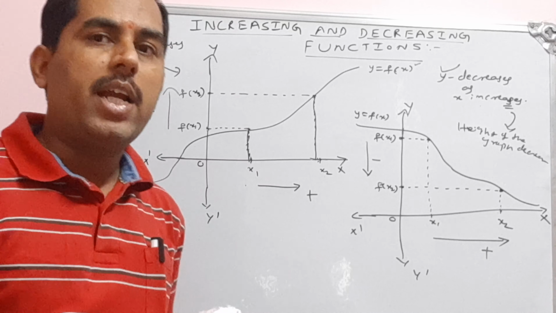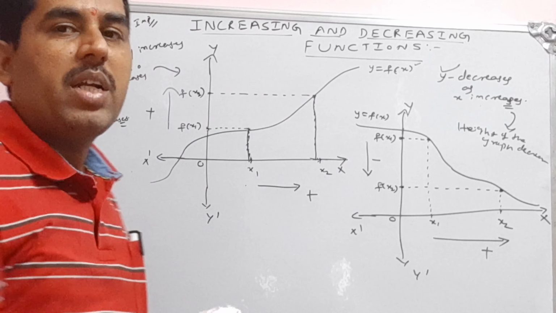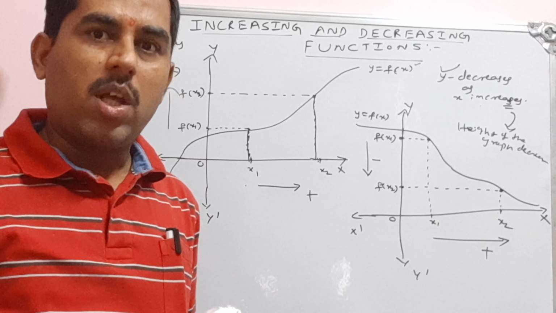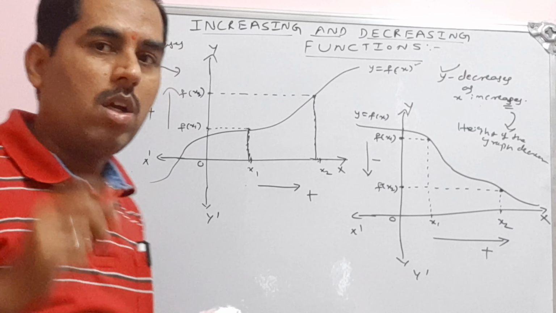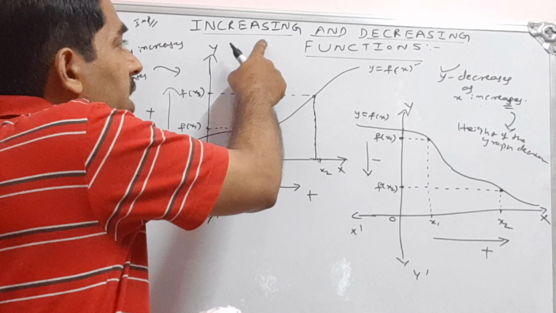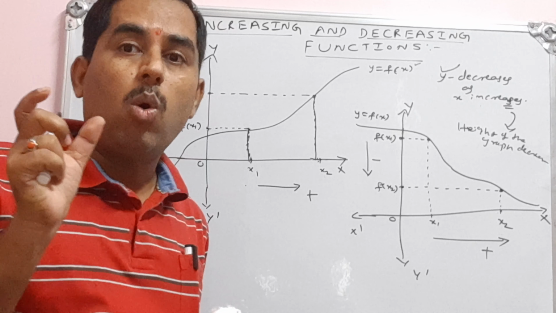I hope you will get the idea. This is very simple. The only thing is we write this systematically, and we write the heading and definition for that as increasing and decreasing functions. Let me repeat it once again. Here we will discuss increasing and decreasing functions in some specified open intervals.